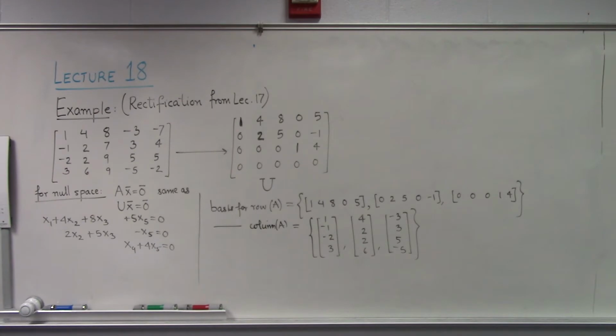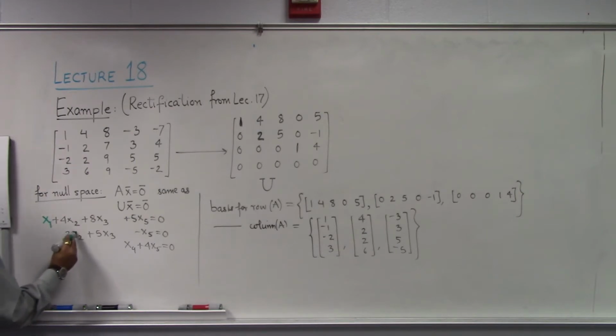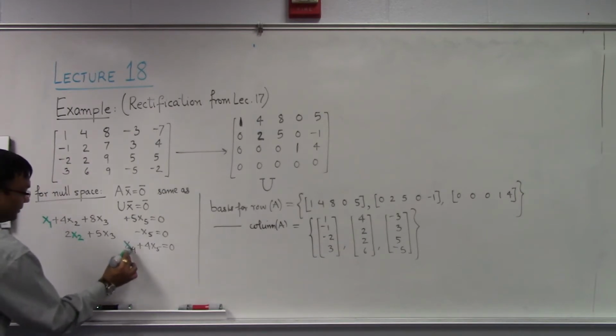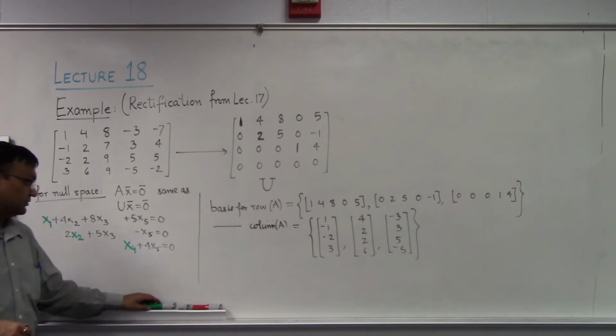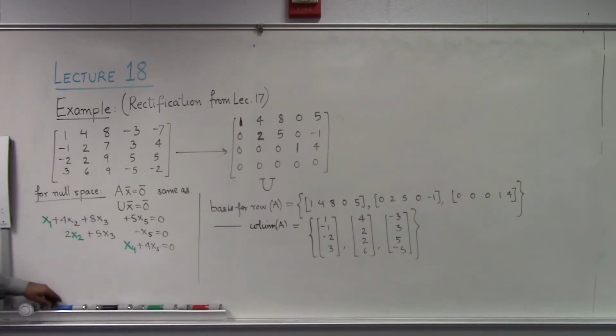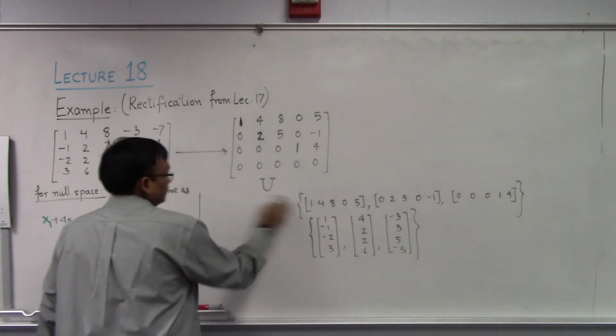Okay. Remember the first, second, and fourth columns are the pivot columns. So basically, x1, x2, and x4 are my pivot variables. So I will express every pivot variable in terms of the free variables in order to get to the null space, the basis for the null space.